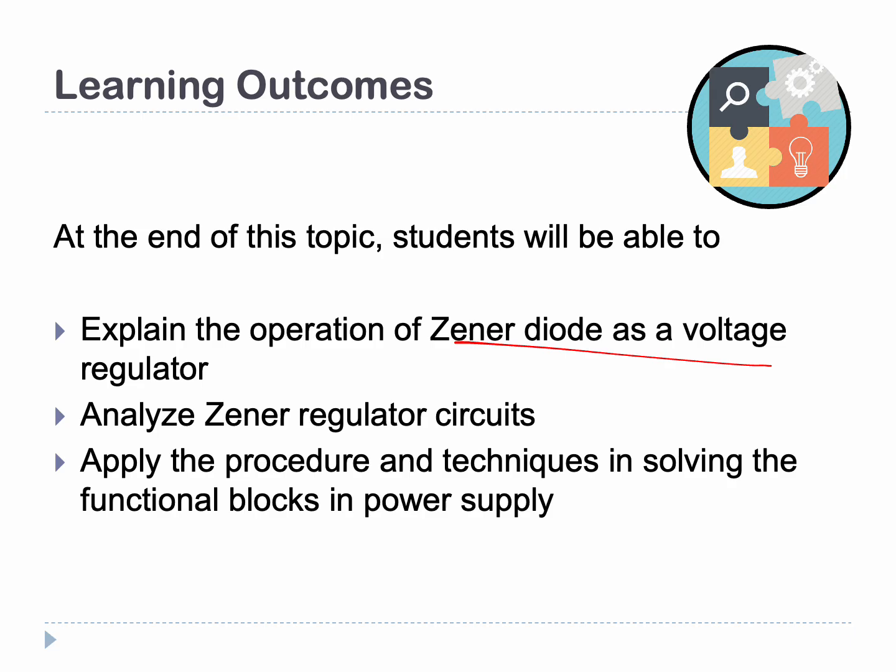You should know how the Zener diode operates as a voltage regulator, and also how to analyze a Zener regulator circuit. This is very important, and also what the right procedure and techniques are in order to solve the functional blocks in a power supply.